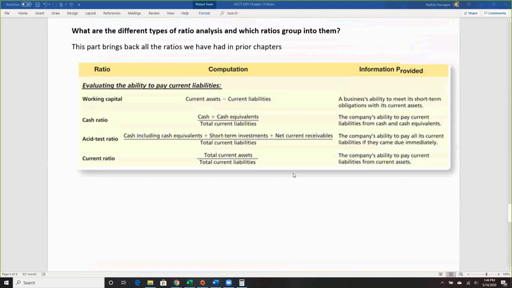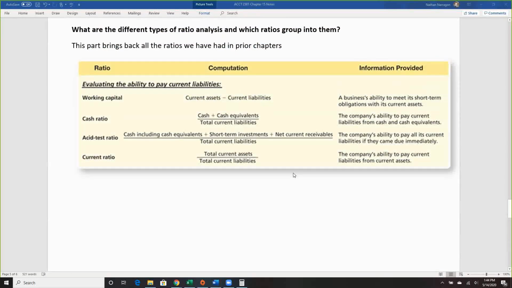Alright, so I'm going to go ahead and wrap up this video and we're going to go straight to the homework. This is the last chapter. This is basically the last lecture. So we'll go through the homework and I'll show you how to pinpoint these formulas and how to do them.